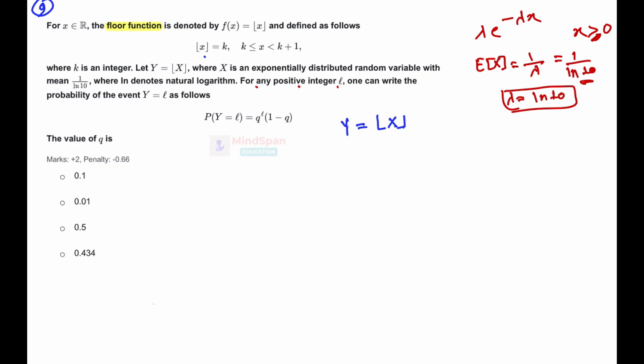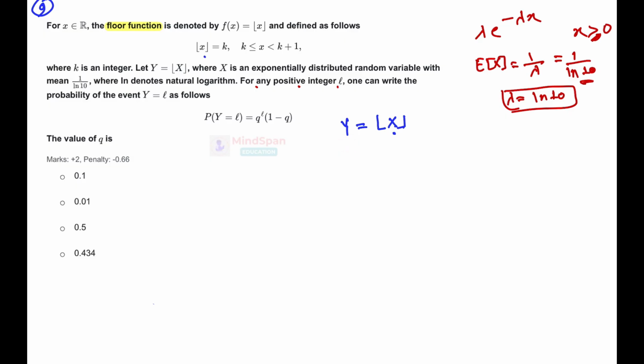But we have the floor function. And this random variable x is exponentially distributed, so it can take values from 0 to infinity. And how we have defined this floor function, let me go through that. What are the values this random variable y will take, right?